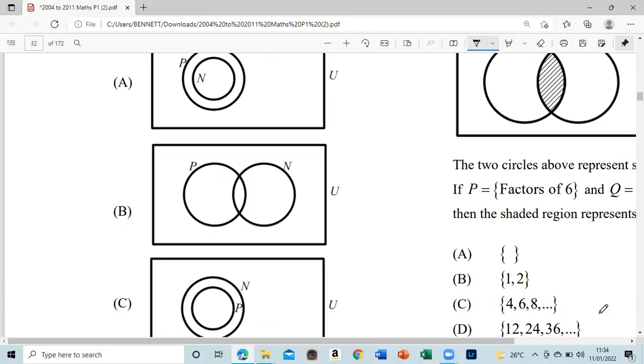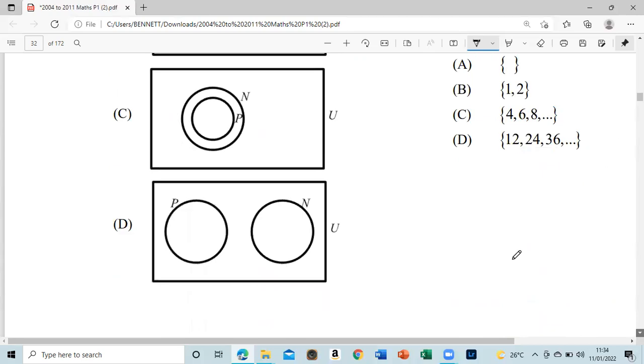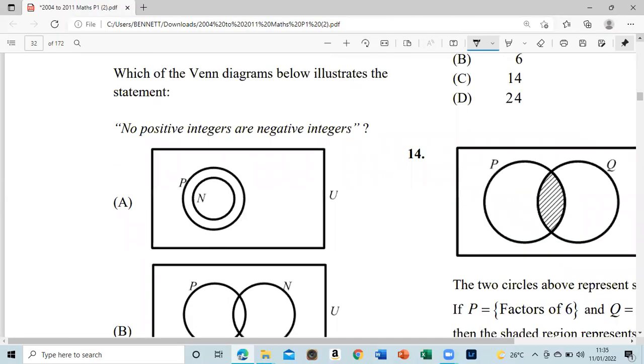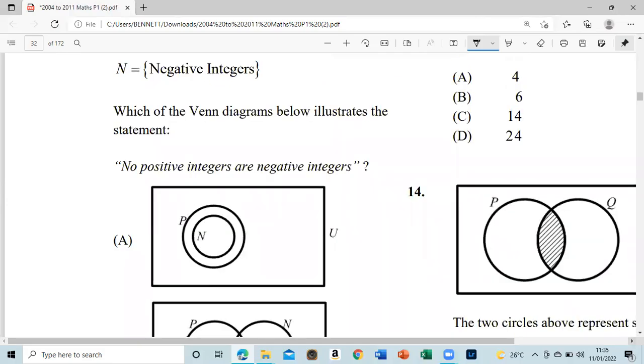So it has to be D. I need to go over some of the papers here before I do it. So it is D, right? No element is common in P and N. So there's no intersection. That was pretty straightforward, all right? So it's not complicated. All right, let's move on to this one now.